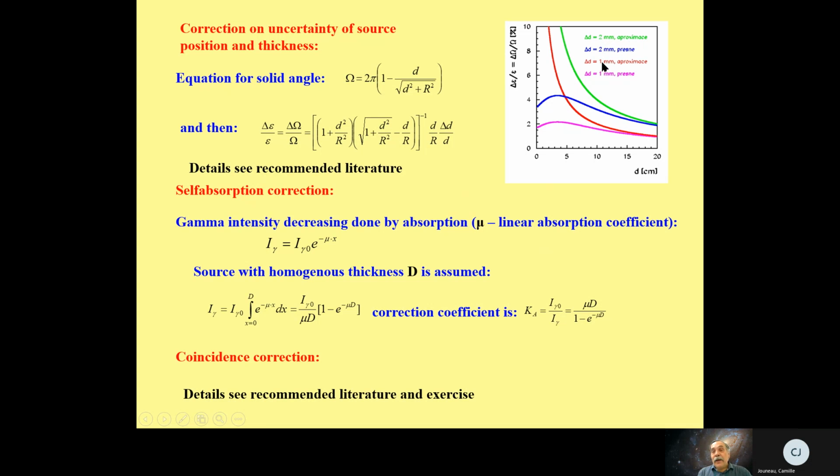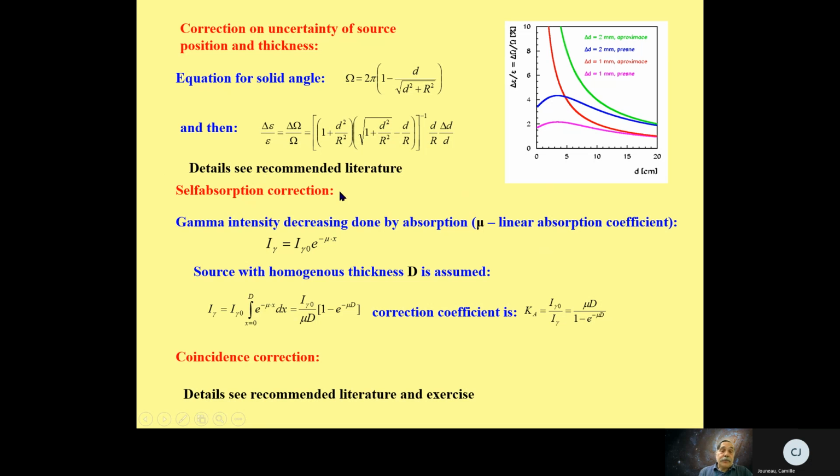For example, if you have a foil with 1 millimeter or 2 millimeters, and whether it is an approximation or accurate, you see that the difference is within the range of a few percent.